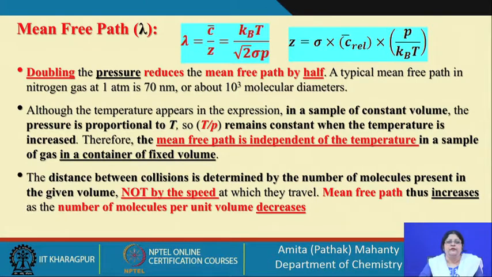So it is not dependent on the speed, but on the number of molecules, and it is independent of the temperature for a constant volume system. And if the pressure is doubled, then the mean free path is going to be halved.